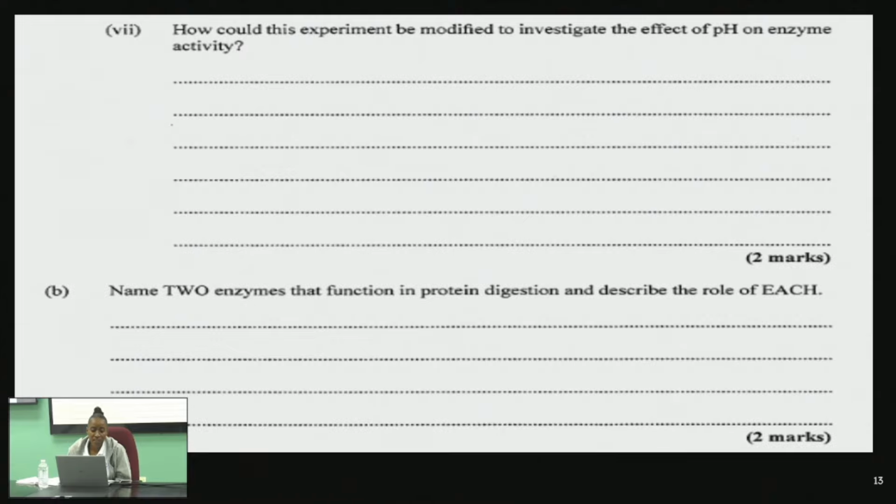B asks us, name 2 enzymes that function in protein digestion and describe the role of each. So 2 enzymes that function in protein digestion, we have pepsin, which we know is supposed to break down large proteins into polypeptides, and it's found in our stomach.